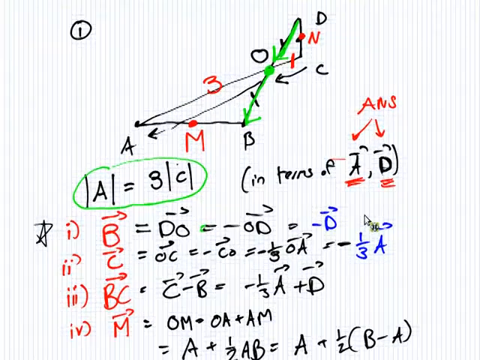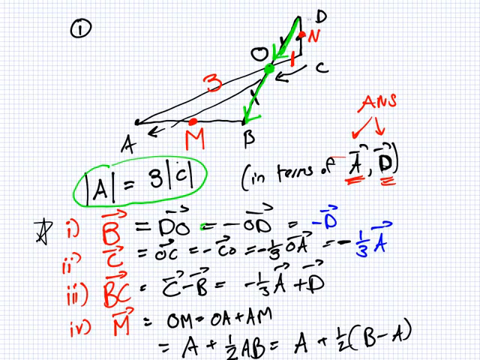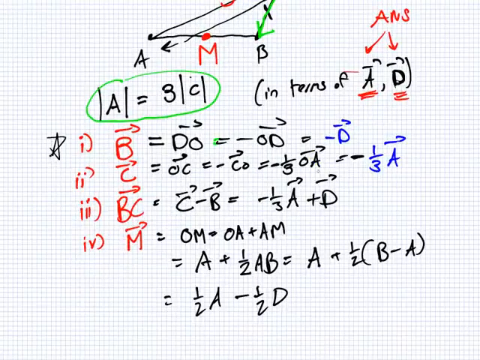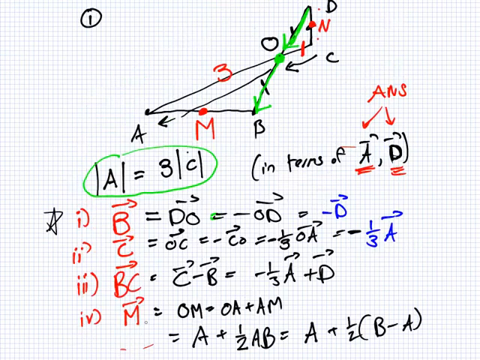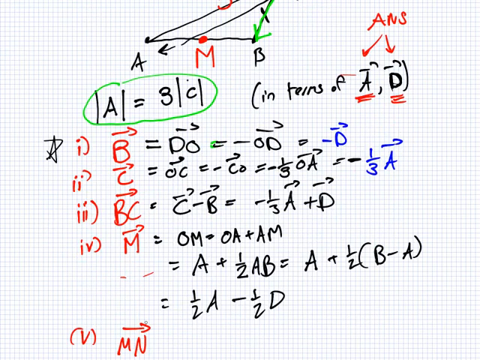Look up. N is the midpoint of DC. So this time I want MN. Look at the board.